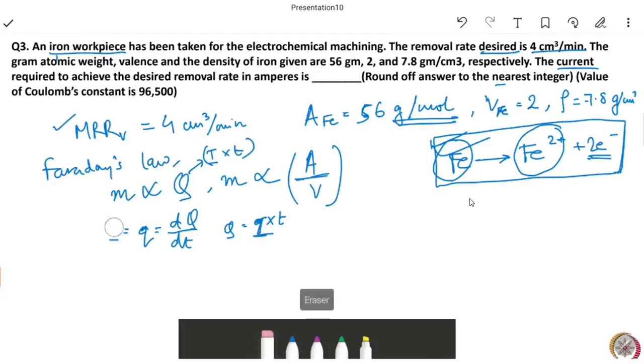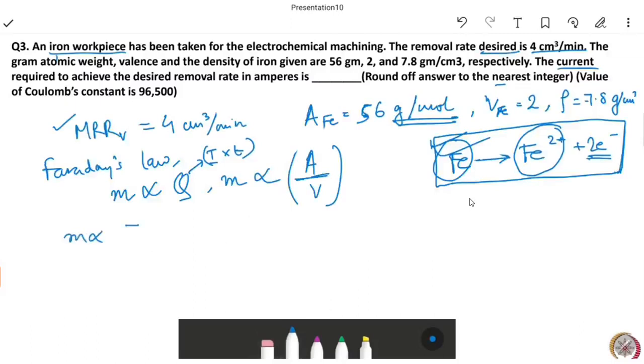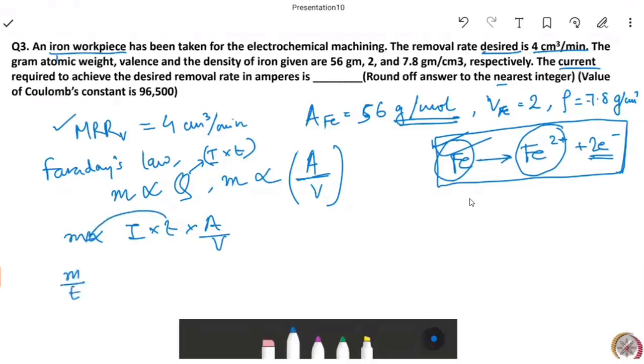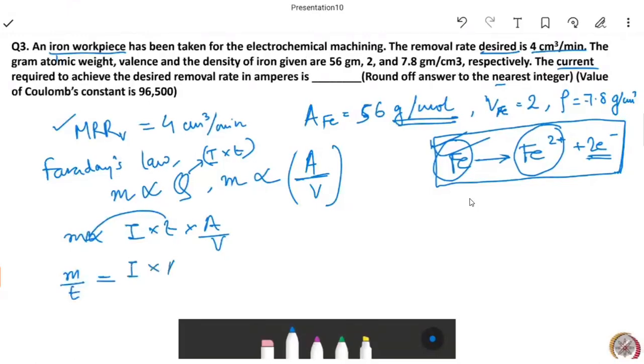Anyway, we have here m directly proportional to I into t into A by V. Now if we bring t to this side, then m by t is, we introduce a constant here, also known as Faraday's constant, 1 by Faraday's constant rather, in the denominator.